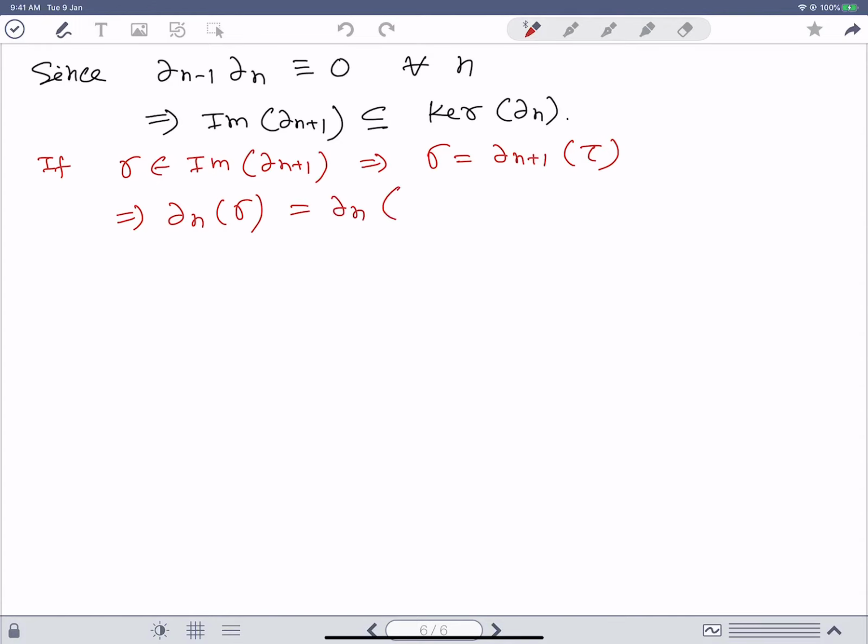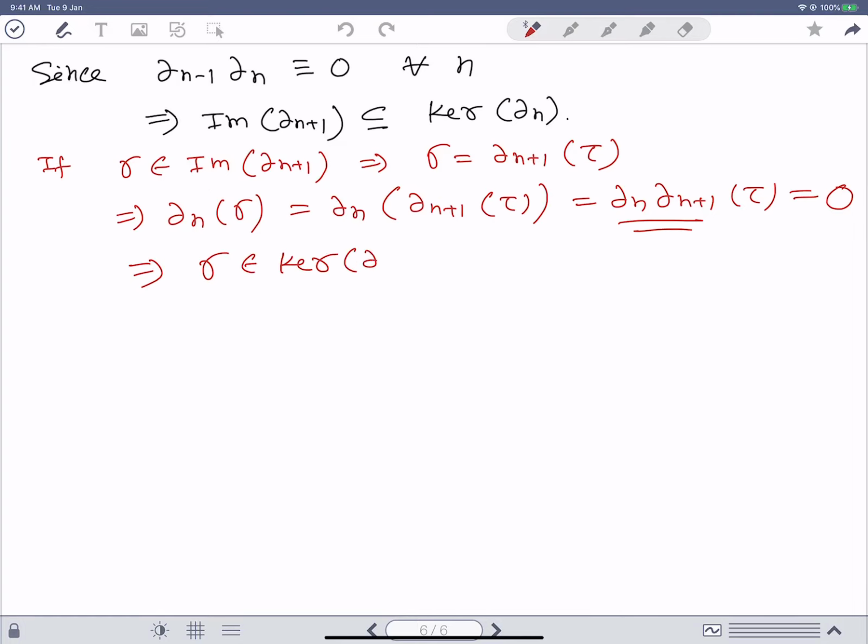Now del n sigma will be del n del n plus 1 tau, but we know this map is already 0, so this is 0. So that implies sigma belongs to kernel of del n.